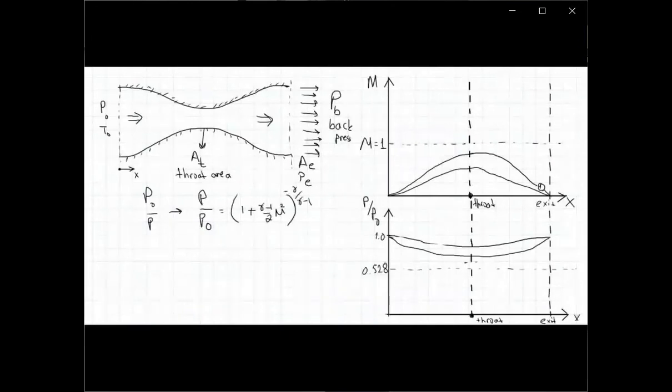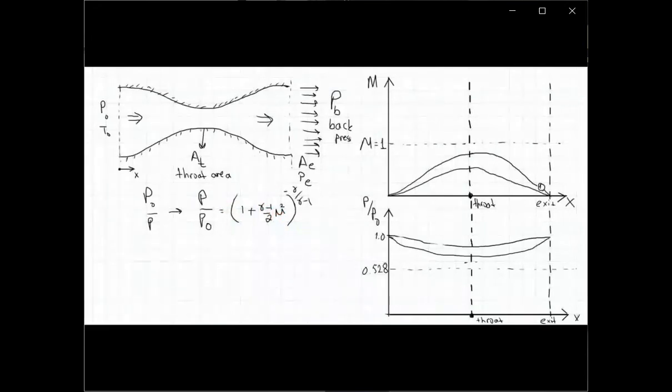If you insert Mach number equal to 1 here, that's our sonic condition at the throat. Then assuming gamma is equal to 1.4 for air flows, you will end up with this P over P0 ratio as 0.528.